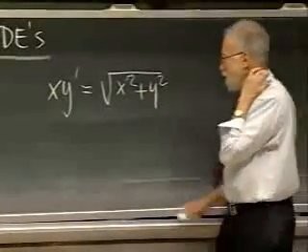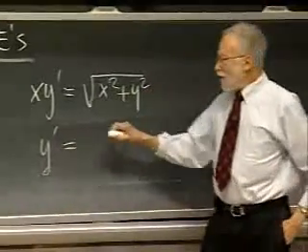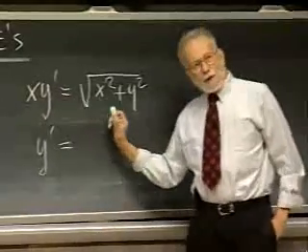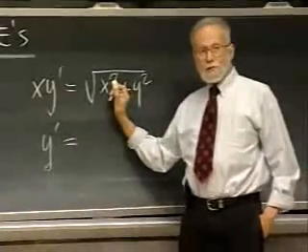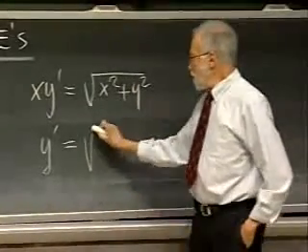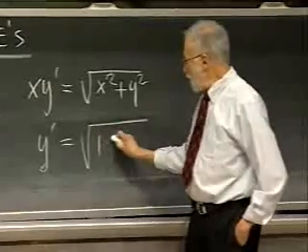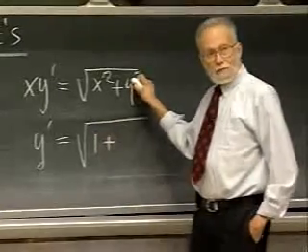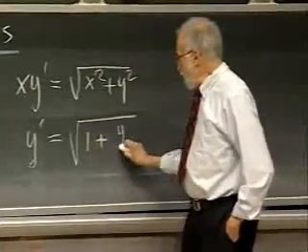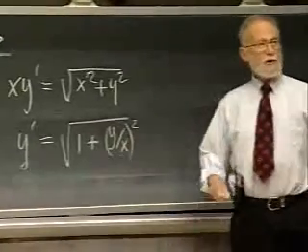Of course it is, otherwise why would I be talking about it? If you divide through by x, you can tuck it inside the radical, the square root, if you remember to square it when you do that. And it becomes the square root of x squared over x squared, which is 1, plus y squared over x squared. It's homogeneous.